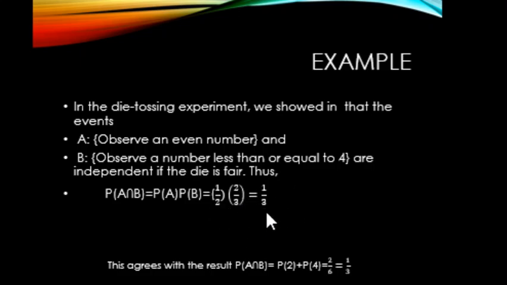Multiply that, and we have 1/3 as the probability of the intersection of the two events. This is a simple example to figure out; even if you looked at the elements that are common to A and B, 2 and 4 are the common elements, and their probability is 2 out of 6, or 1/3. So that is the same result that we get using the fact that they are independent of each other.